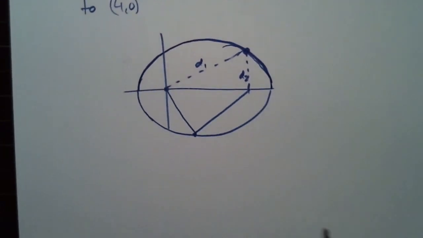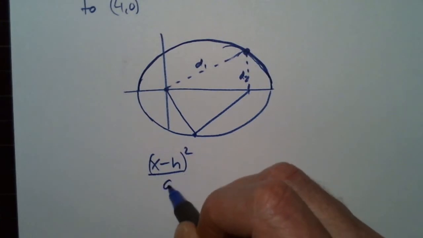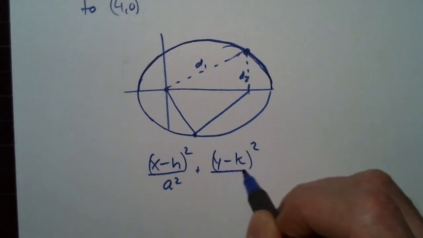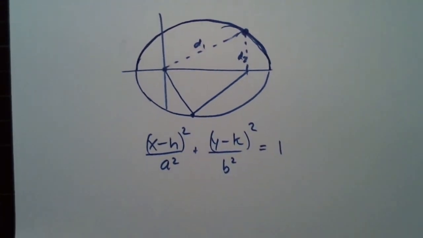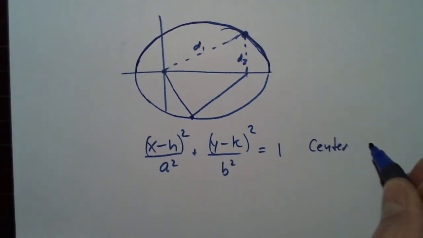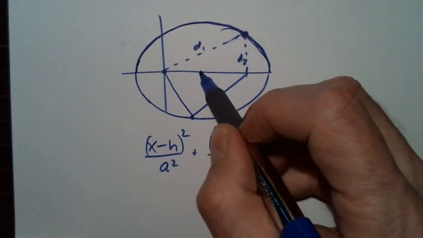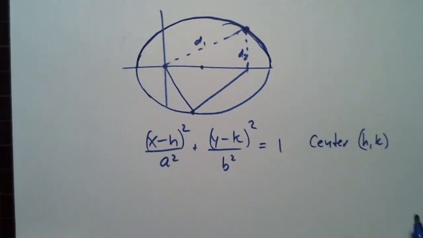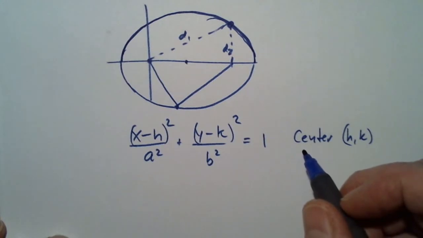Now let's look at the standard form: x minus h squared over a squared plus y minus k squared over b squared equals 1. The center is at (h, k), between the two foci, and we have this relation with the foci.